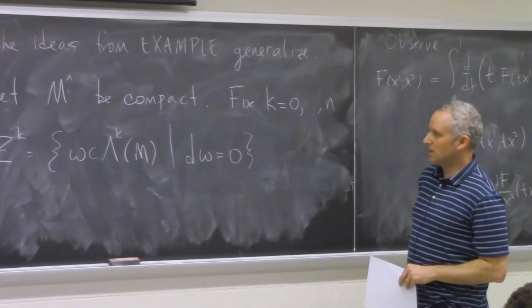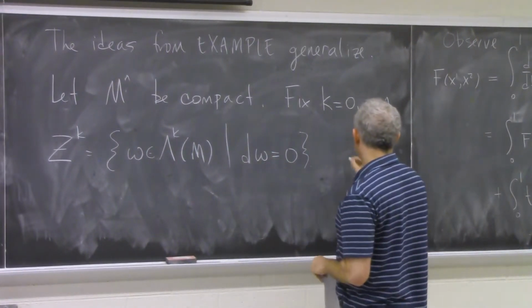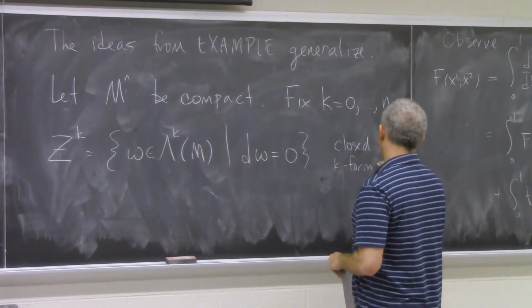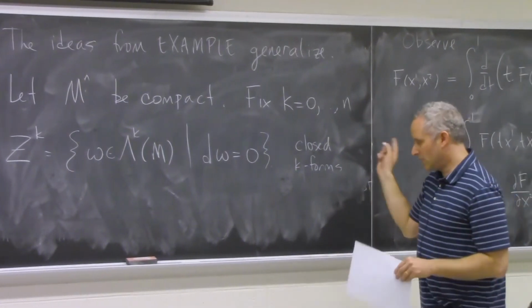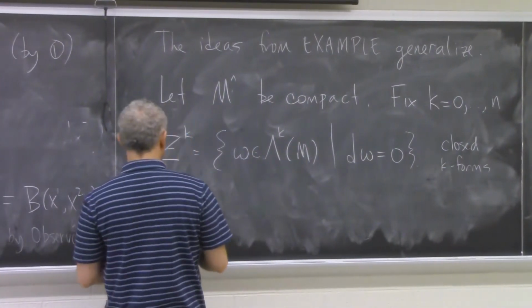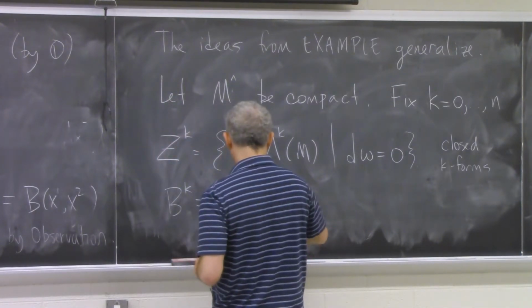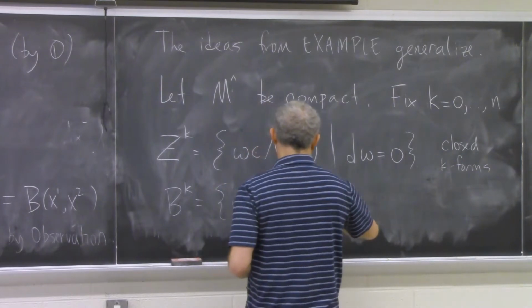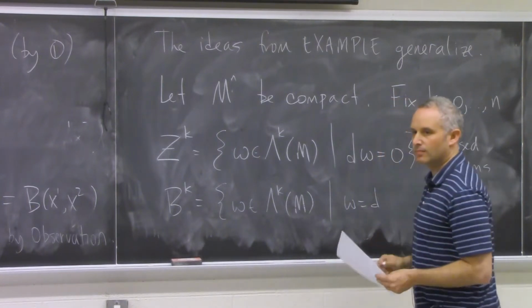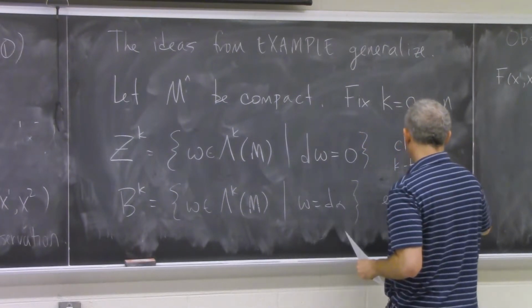So this is like the omega in our example. These are referred to as closed k-forms. We won't use that language past today, or I might not. Anyway, these are closed k-forms. Now let's consider another set, B^k. These are omegas, k-forms on M such that omega is d of something. So these are called exact k-forms.